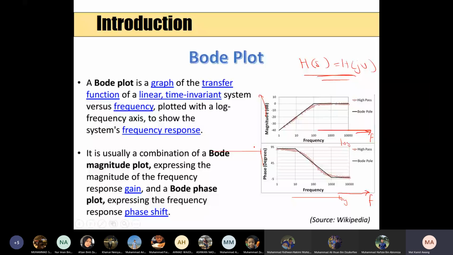It is usually a combination of a Bode magnitude plot expressing the magnitude of the frequency response gain and a Bode plot expressing the frequency response phase shift. So for H(s), you plot the magnitude and also the phase component of it. Okay?